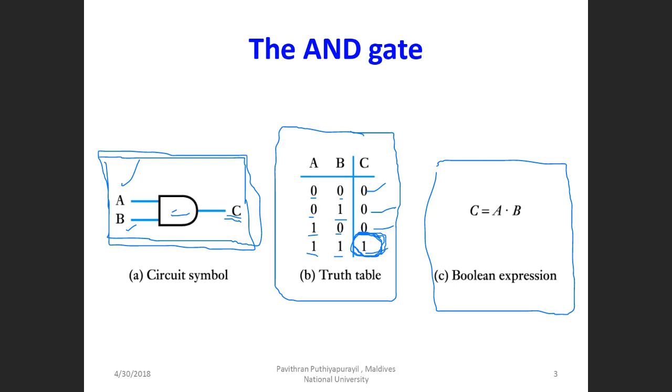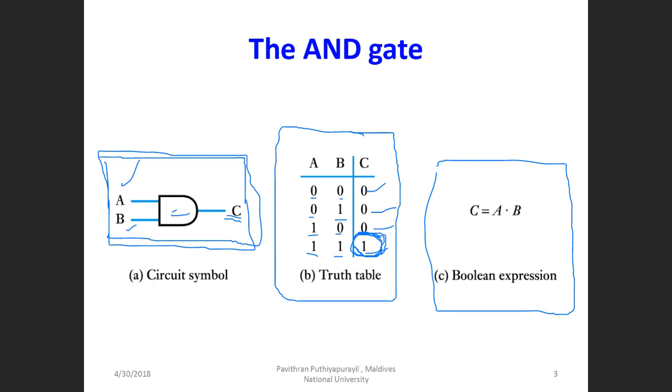Please remember. If both the inputs are equal to 1, then only you are getting output 1 at your AND gate. Any confusion? Very simple.